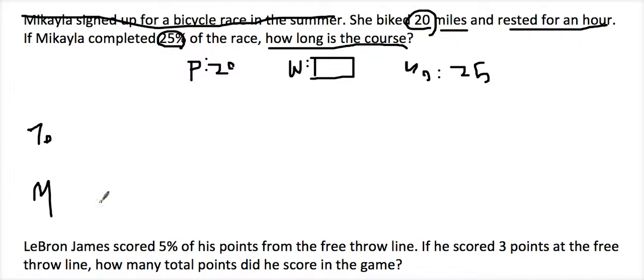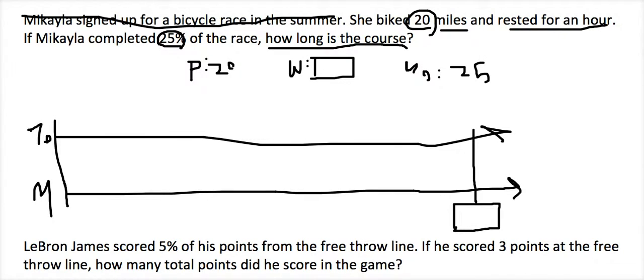Go ahead and set up your double number line. With the double number line with percent, what is always going to be at the end here? That goes with the whole. 100%. Now, here I know 25%.